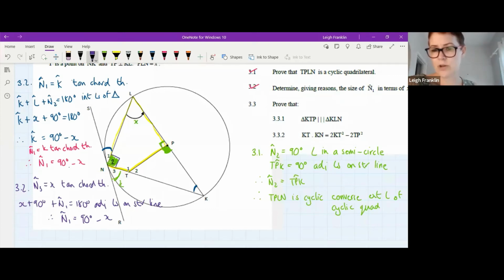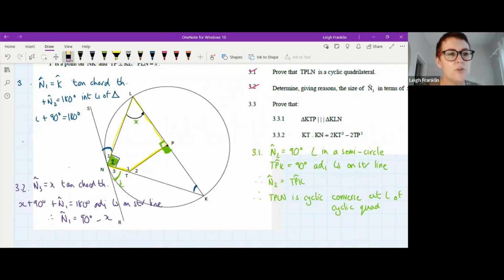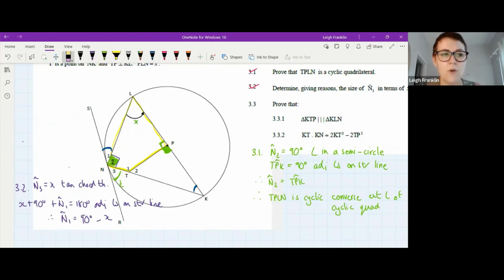Okay, so now, matrix, let's jump into these questions here. First of all, we need to prove that KTP is similar to KLN. So I'm going to rub this off. When they tell us which triangles to prove are similar, they are giving us massive hints. Remember we've had this conversation before, matrix.